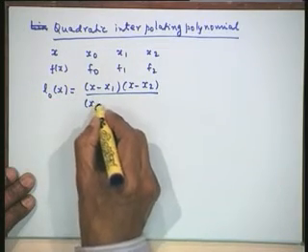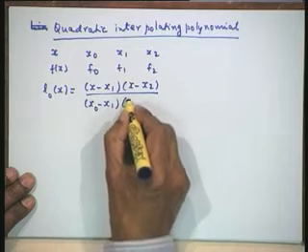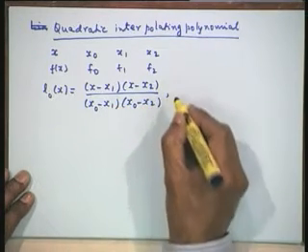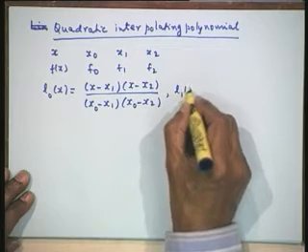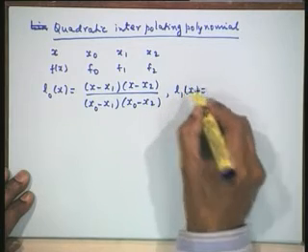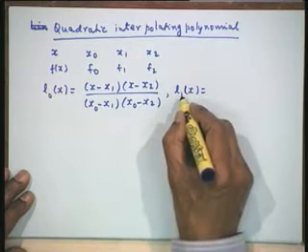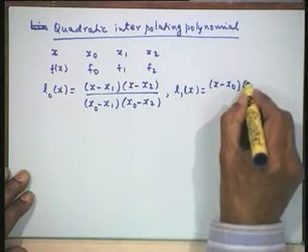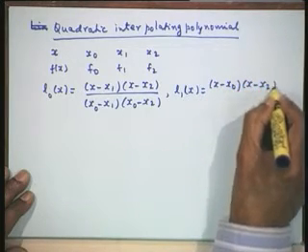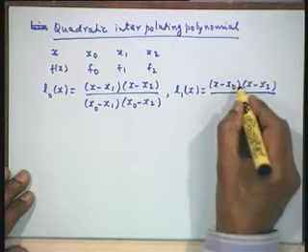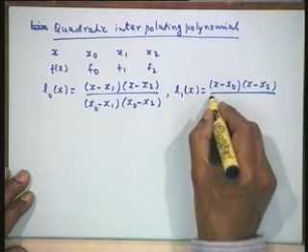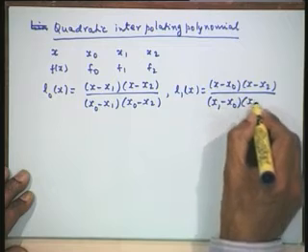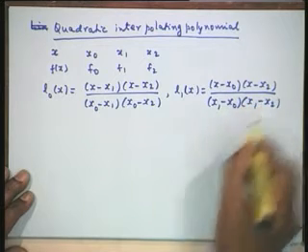So, this is x0 minus x1, x0 minus x2, and L1 x is the numerator should skip now x minus x1. So, I will have x minus x0, x minus x2, and I evaluate it at x1 for the denominator. So, this will be x1 minus x0, x1 minus x2.